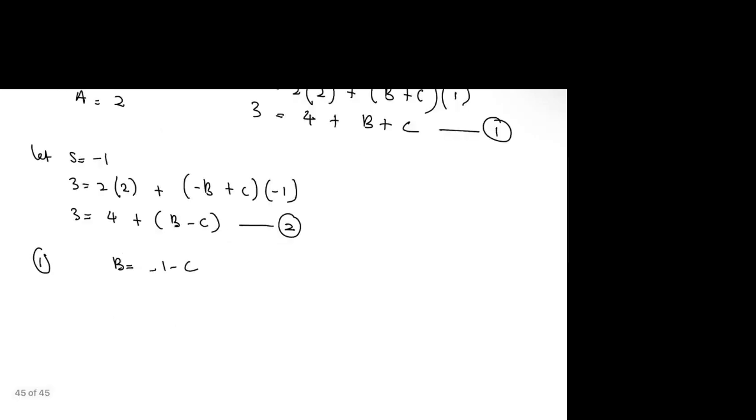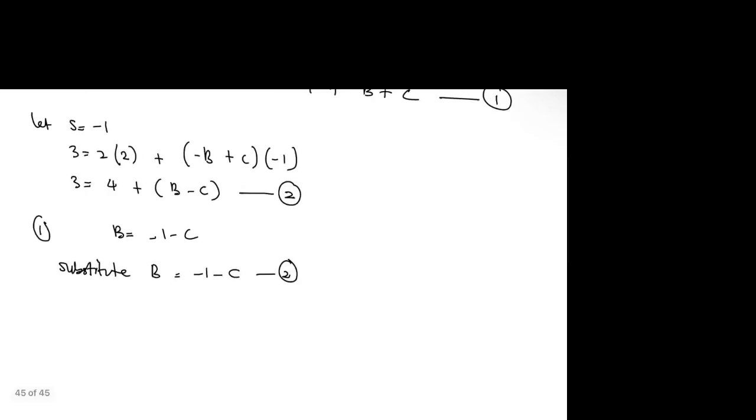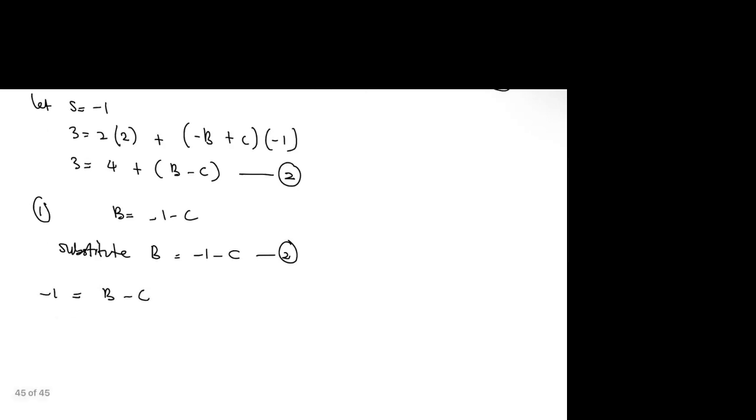So b is minus 1 minus c. So substitute b equal to minus 1 minus c into equation number 2. So in equation number 2 we have 3 minus 4 equal to minus b minus c.